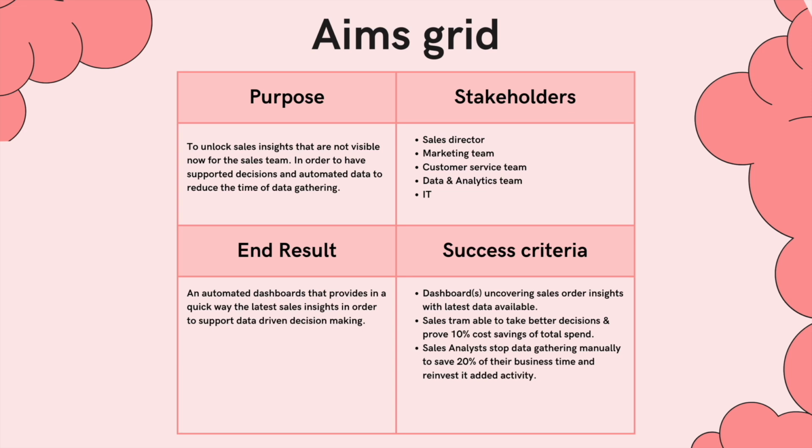With this, they will probably make better decisions and try to save costs on the company. Also, you stop gathering data manually, which will save business time that can be reinvested in other activities.